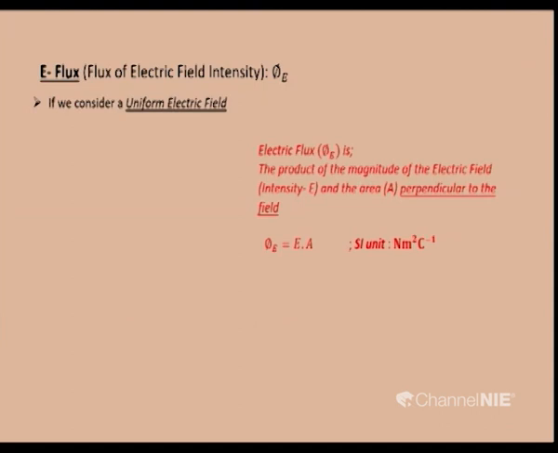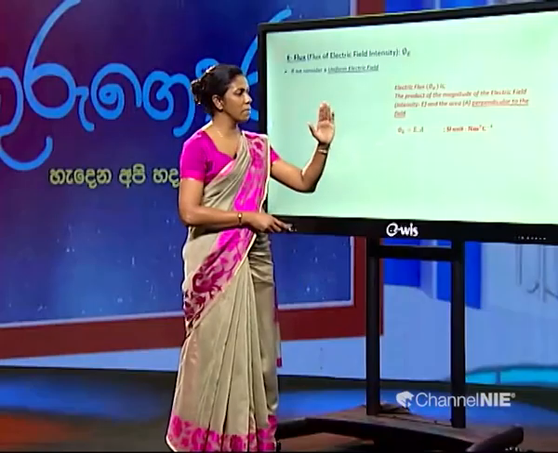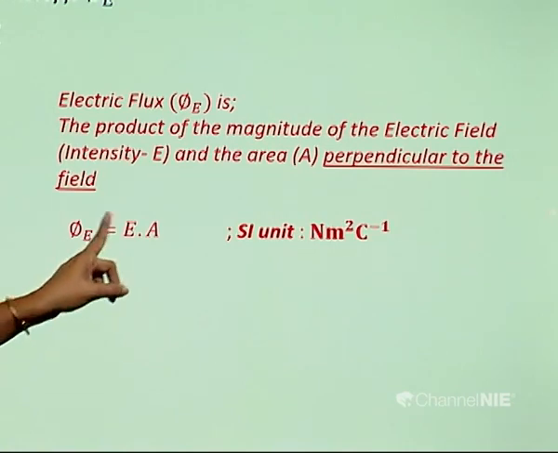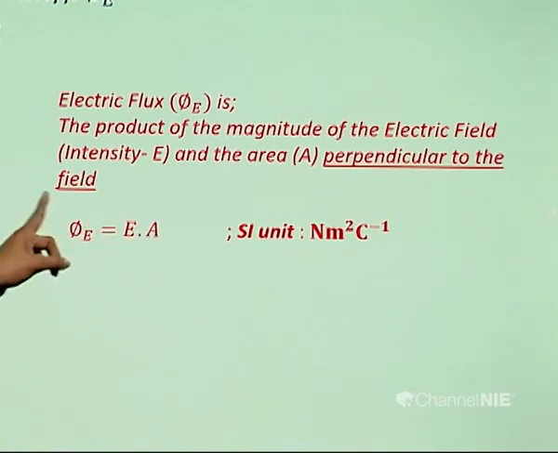Higher field or higher area gives rise to a higher flux. We have to consider a perpendicular area, the area must be perpendicular to the field, and the product of the field intensity E at that point and the area gives a quantitative measurement of the electric flux.